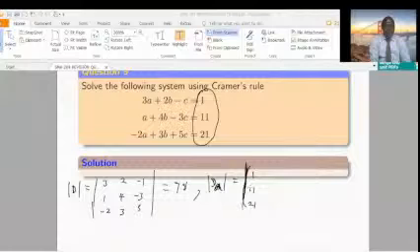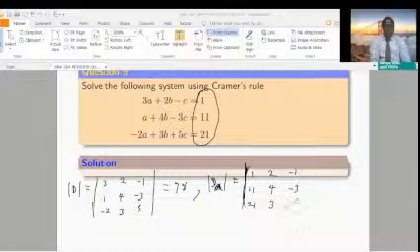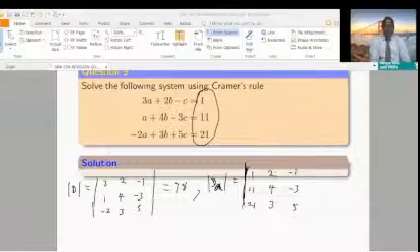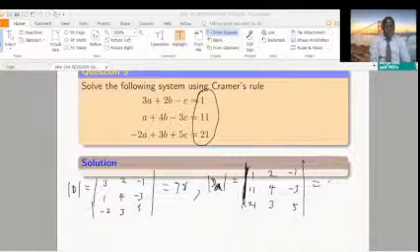So this is 1, 11, 21, then 2, 4, 3, and negative 1, negative 3, positive 5. It's not negative 5, it's positive, because I can see it's negative 1, negative 3, 5. This determinant, if you do it, you get negative 156.